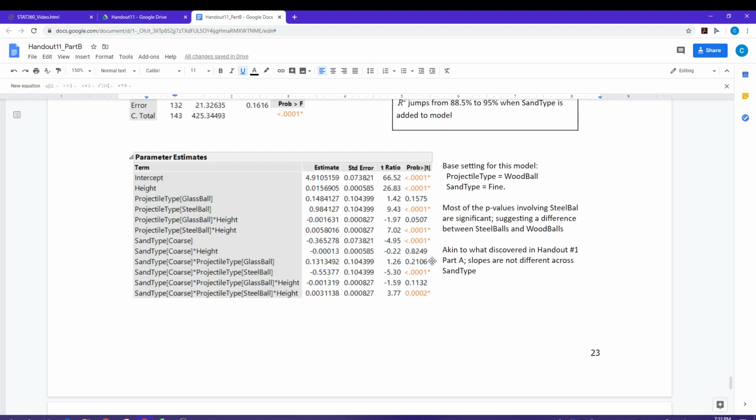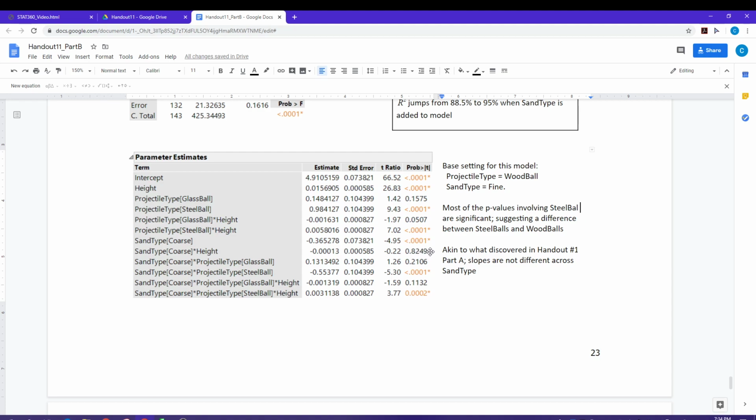Notice that most of the p-values that deal with the steel ball, another typo there, most of them that deal with the steel ball are significant. Okay. If you look at the sand type coarse height here, that's determining whether or not I need a different slope for the different sand types, and it does not.